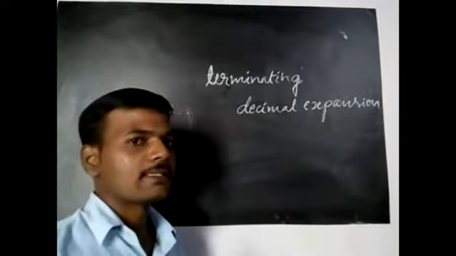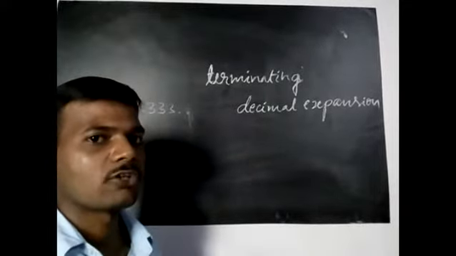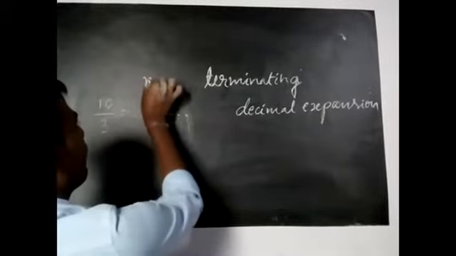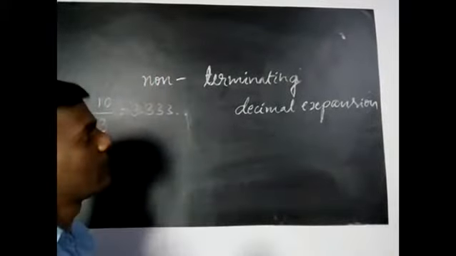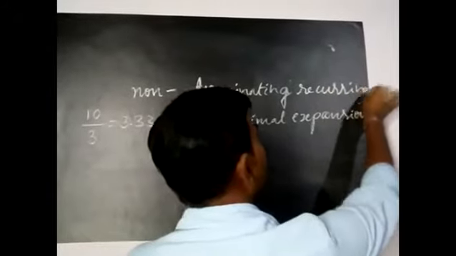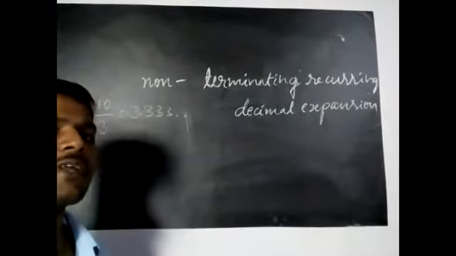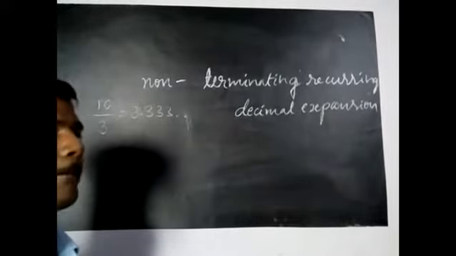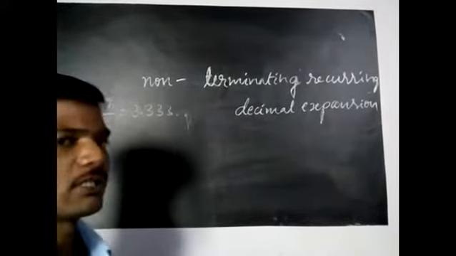non-terminating recurring decimal expansion. Why are these non-terminating recurring decimal expansions? Because there is no end for the division process.